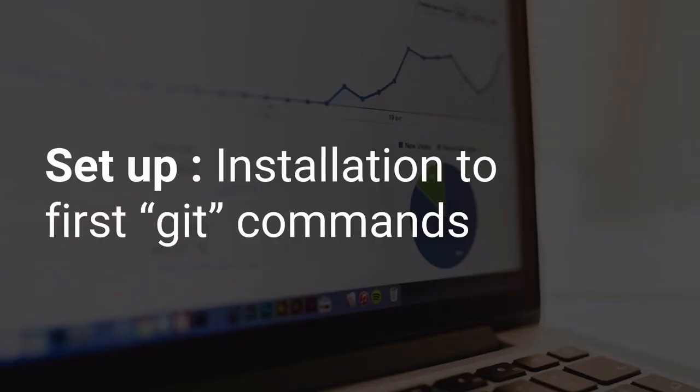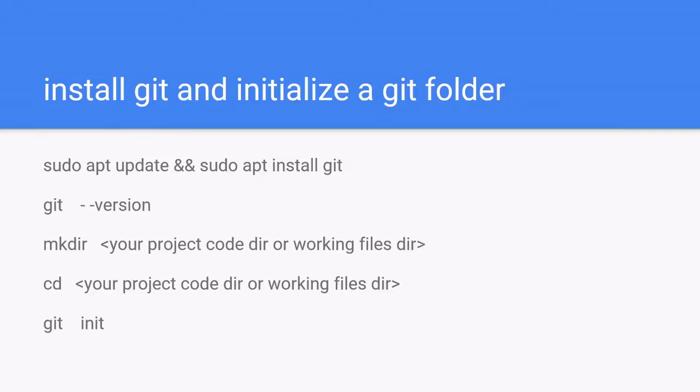So let's do the installation first, setup. That will be the first command for you. So installing Git, initializing a folder. I'm using Linux. You can download it also if you have Windows, but here we're going to just do sudo apt update, and we're going to do the apt install git. And just to check if the installation went well, we're going to do a git --version, and just check the version, make a directory.